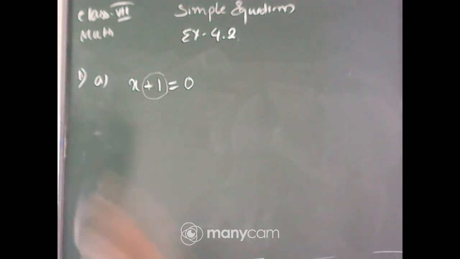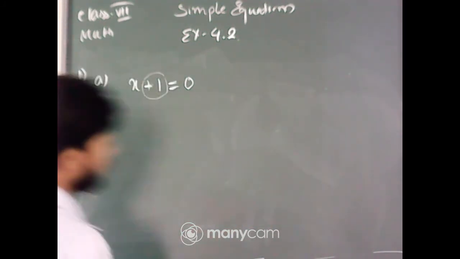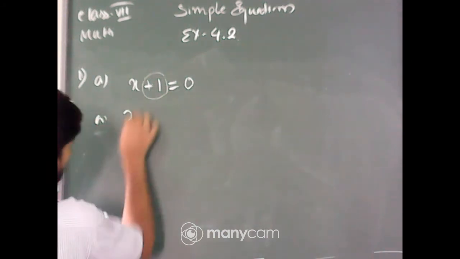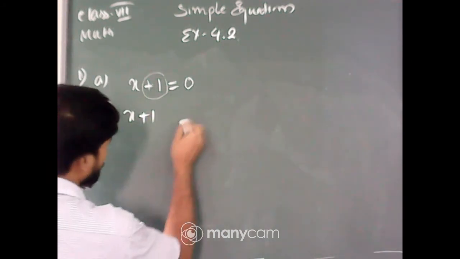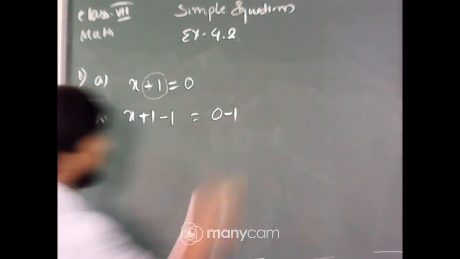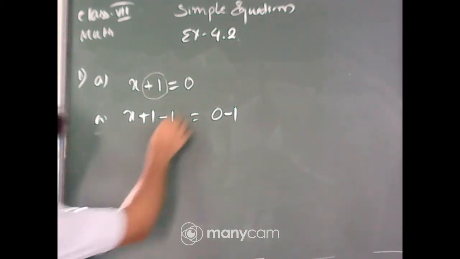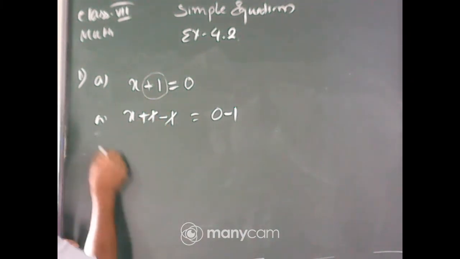Actually, we have to subtract 1 from both the sides. This is the equation, so we are subtracting 1 from both sides, such that this minus 1 and this plus 1 will cancel each other.